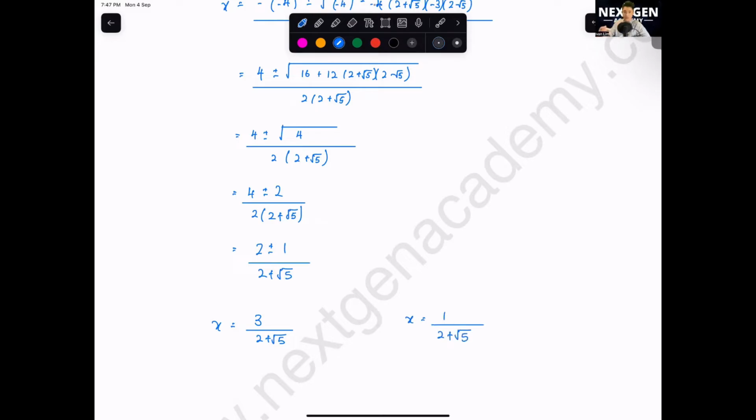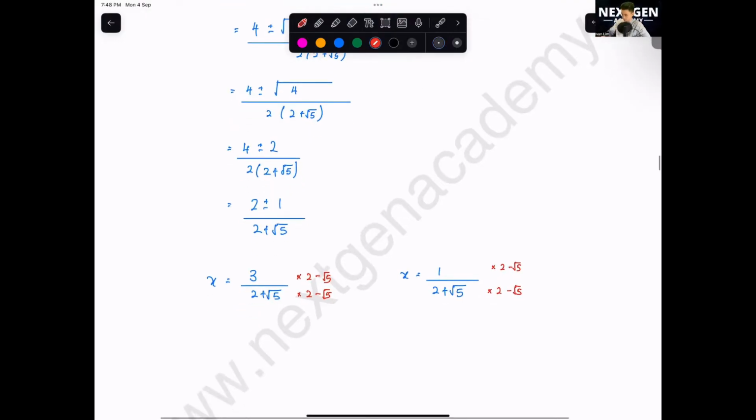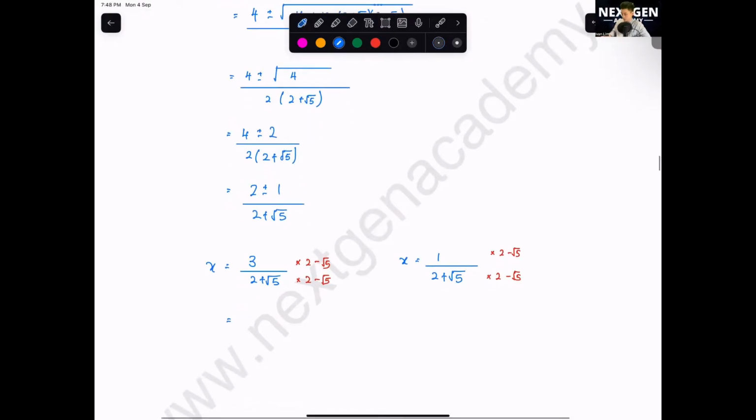Okay, as mentioned at the start just now, when you see the form that they want, we will most likely need to rationalize it. So this one times 2 minus sub 5 over 2 minus sub 5. Here also times 2 minus sub 5 over 2 minus sub 5. Okay, rationalize it. You will get here 6 minus 3 sub 5 over -1.